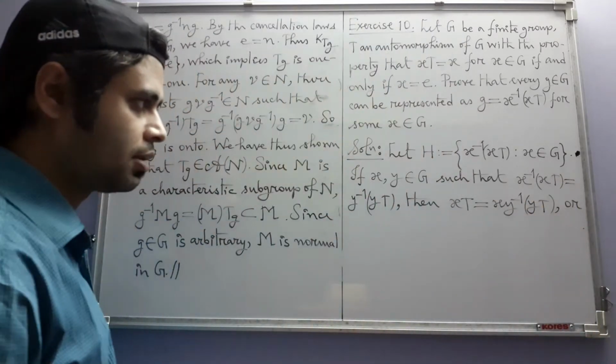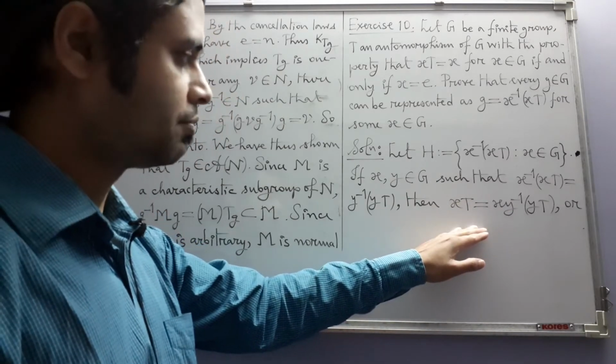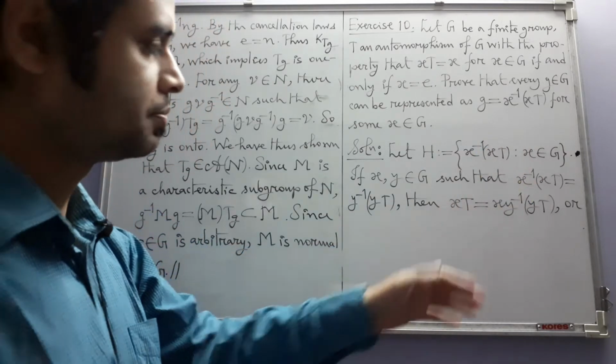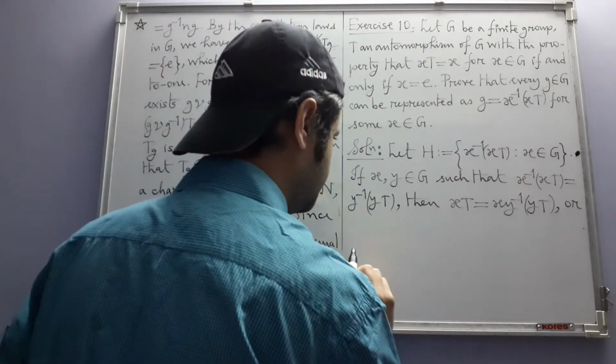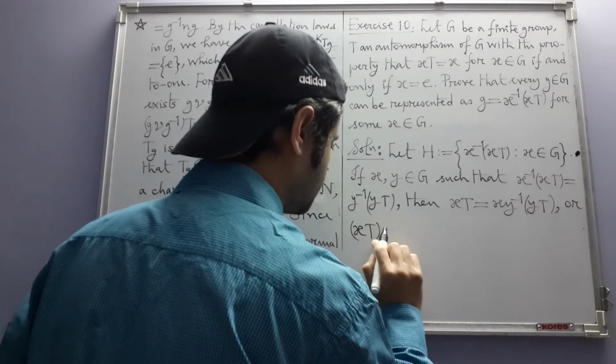Now from here if we multiply both sides of this equation from the right by yT inverse, then we get this.